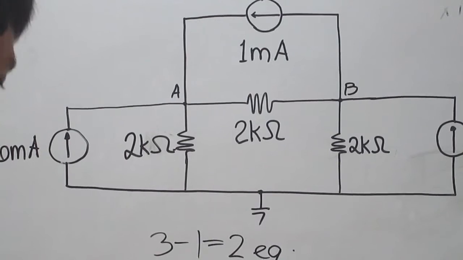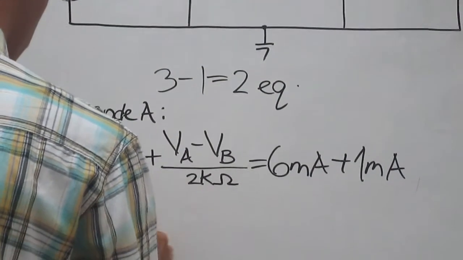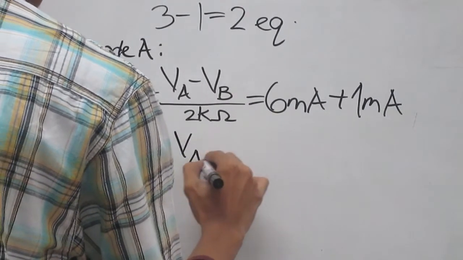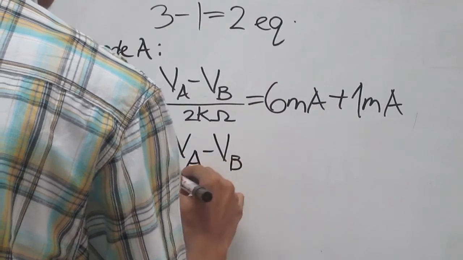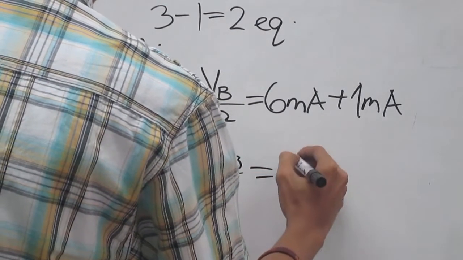And simplifying this equation, we can get VA all over 2 plus VA minus VB all over 2, and is equal to 7.